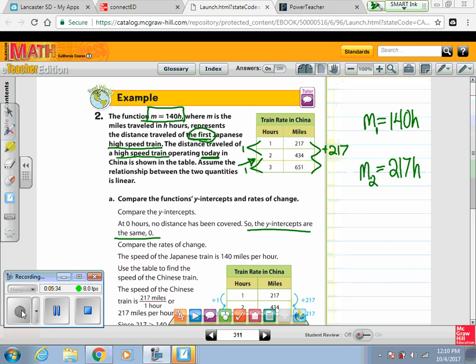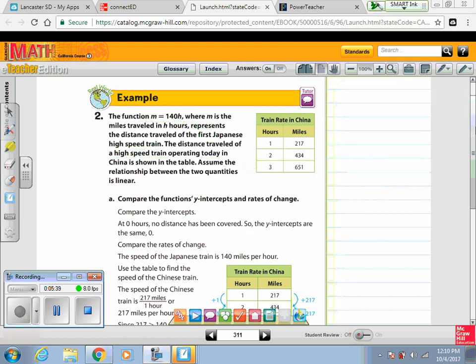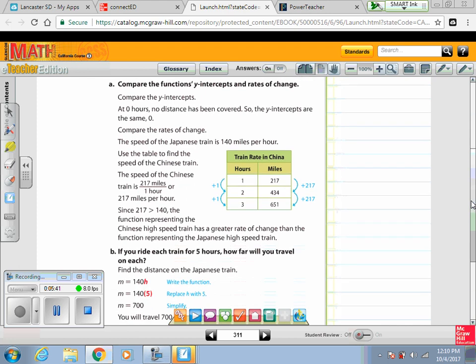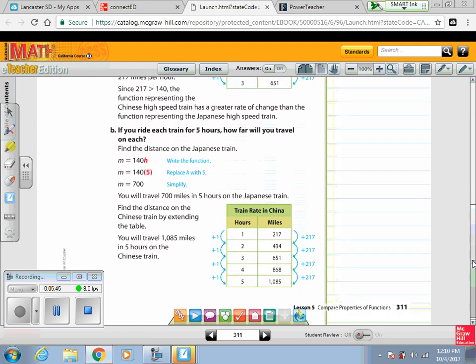Okay? So, when we go down here, they ask to find if you ride for 5 hours, how far will the train go? Well, for the old train, the first train ever, it went 700 miles. This train going 217 miles per hour, if you put that into the equation, 5 hours, you're going to get 1,085.